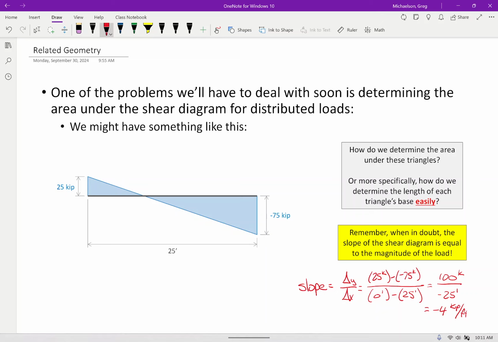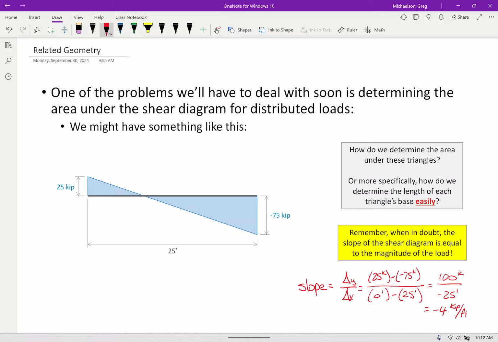Now, for this example, we had to do that calculation. Are we really going to have to do that calculation in most structural analysis problems? No, because this slope is just going to be equal to whatever this load is. So we had to do that for this calculation, but we shouldn't have to do that for most structural analysis problems. So far, so good? Okay. So here's what I propose, okay?